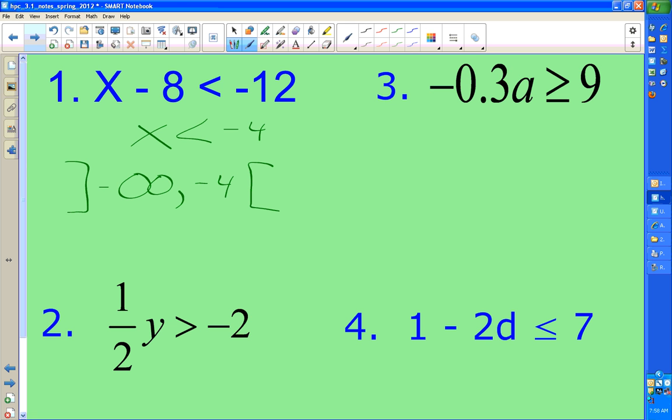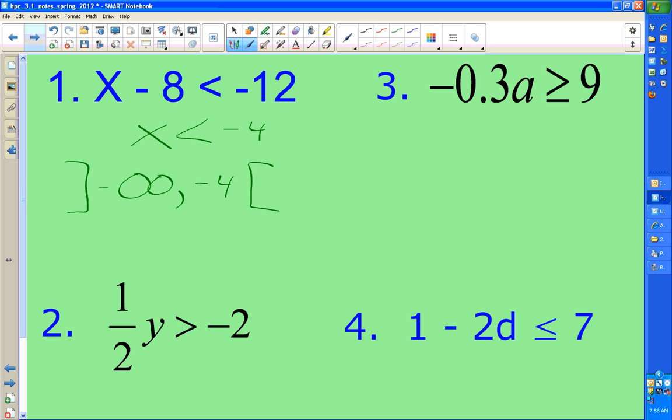Your numbers in here are your limits from least to greatest. So the greatest value x could be would be just under -4. It's all the way up to, but not including -4. That's the shun. Then it goes to negative infinity, and we always shun the negative infinity. Okay?